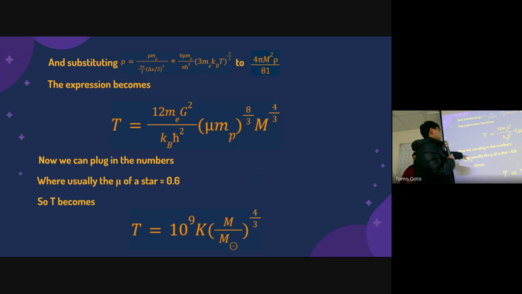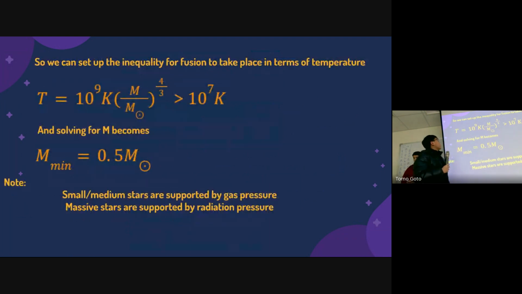And now we can plug the numbers, where the mu of a star is 0.6, because since stars are mostly hydrogen, we assume that the mu is 0.6. So T becomes that. Okay.